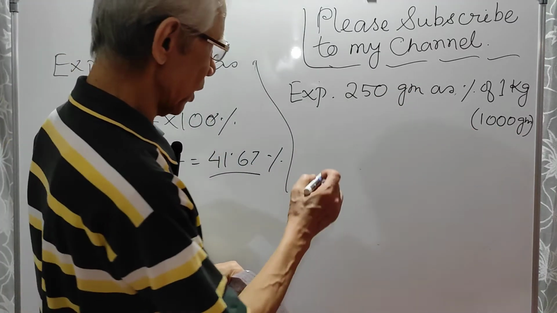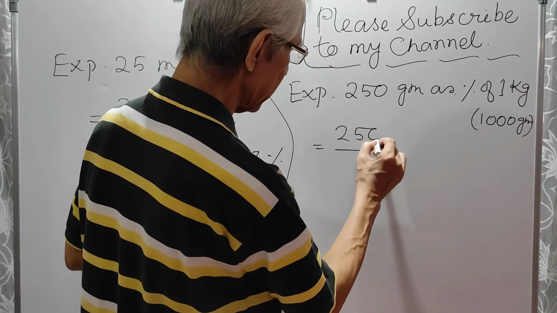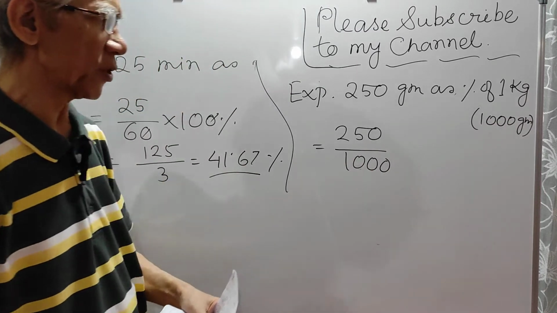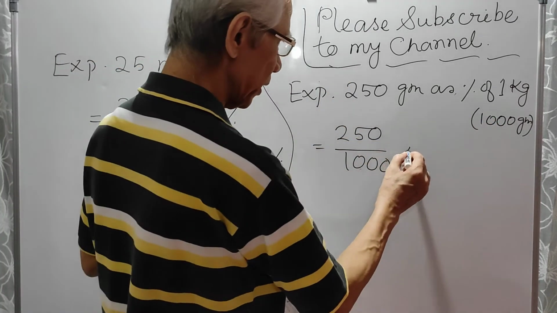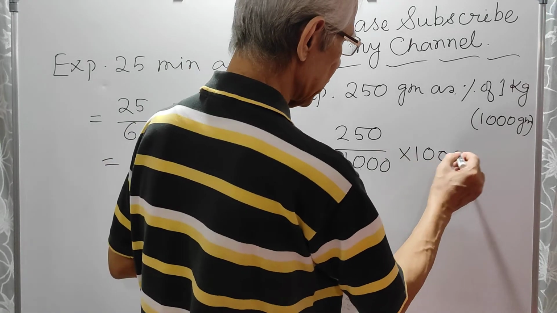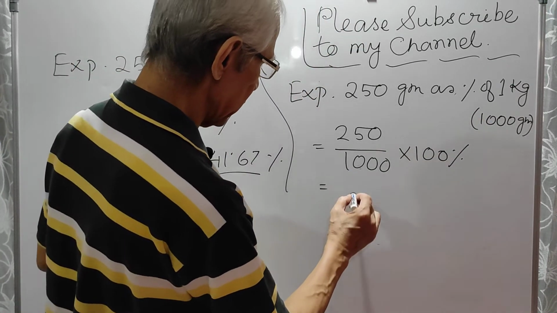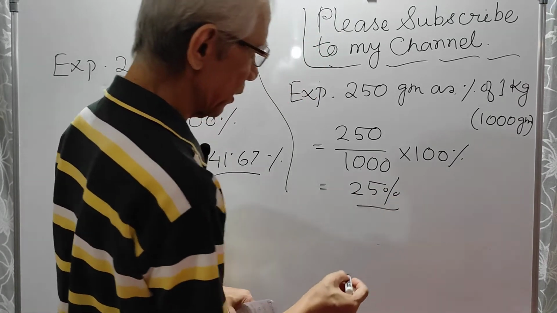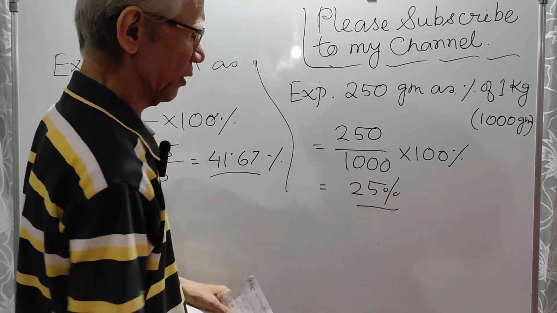Alright. So how you do? 250 is the numerator, 1000 is the denominator. So we have expressed 250 as a fraction of 1000. Now multiply by 100% so that it becomes a percentage. So what do you get then? 25%. Alright. So 0, 0 cancel, then 5, 0 cancel, remains 25.